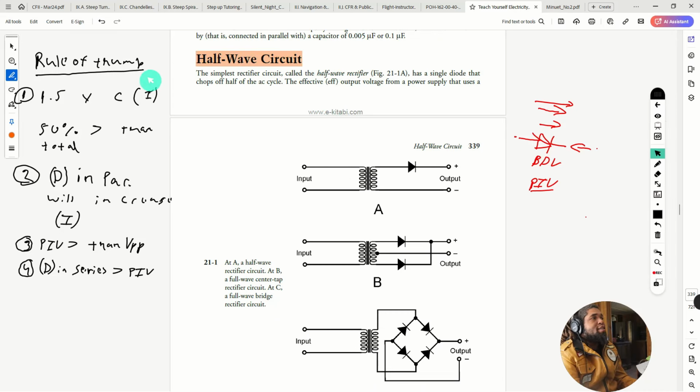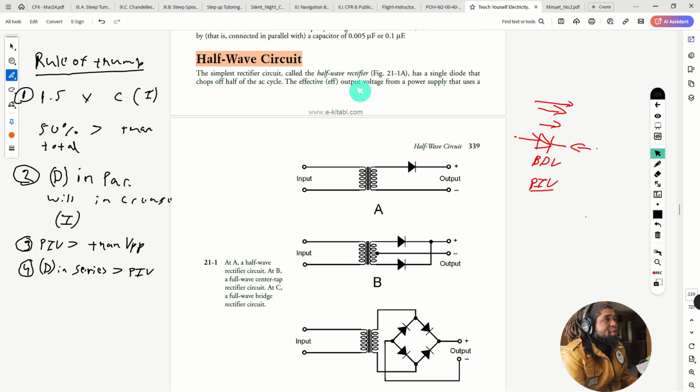Half-wave circuits. Okay, this is what we're going to get into later on. We're going to see this pretty soon here in a couple minutes. The simplest rectifier is the half-wave rectifier, and this is this one right here, at the A right here. It has a single diode that chops off half of the AC cycle.